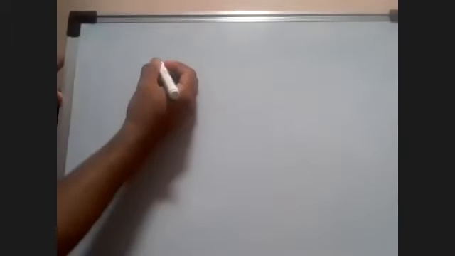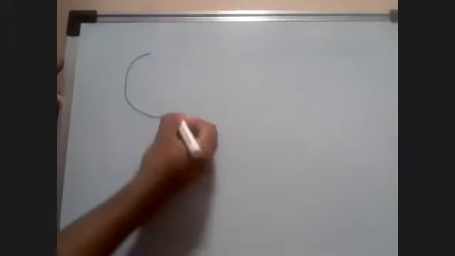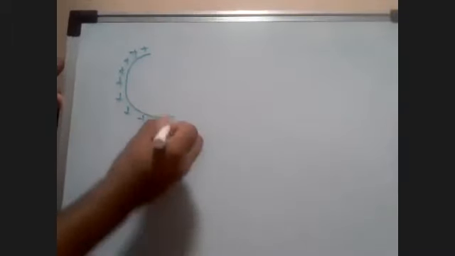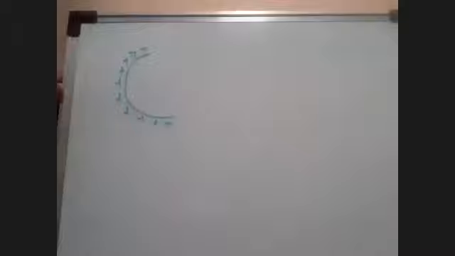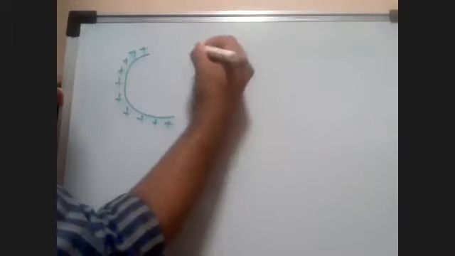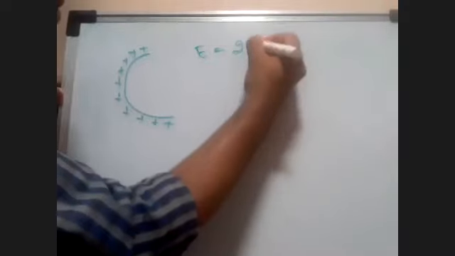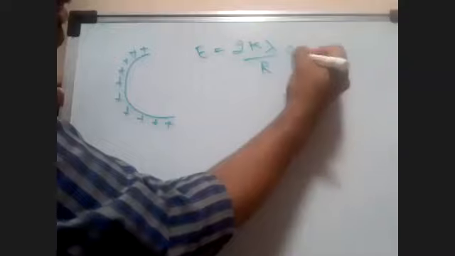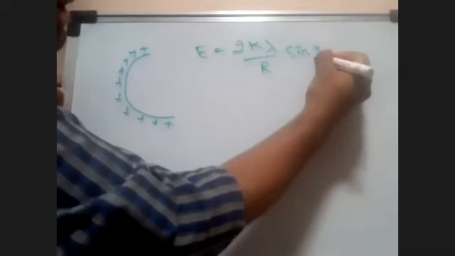Half ring means a semicircle, so just draw it. And we know that the electric field intensity of the arc was 2k lambda by r into sin alpha by 2.